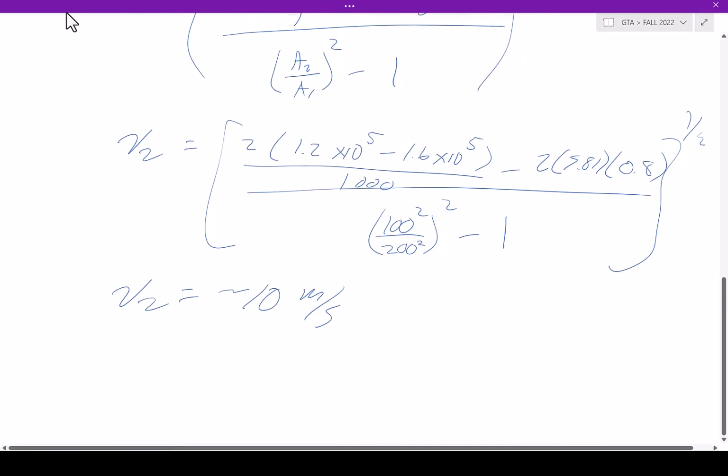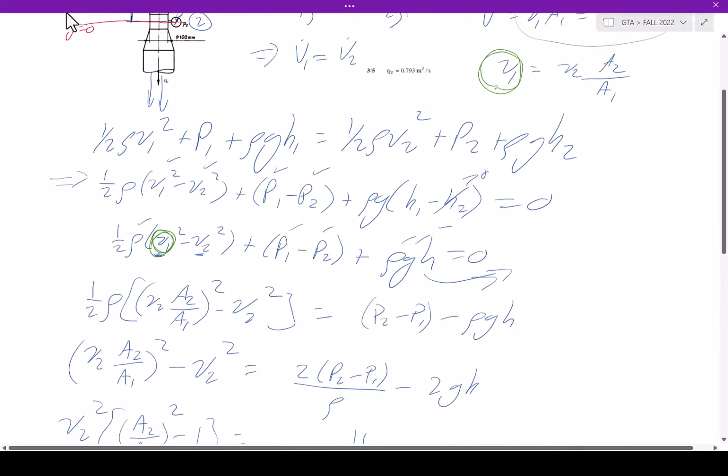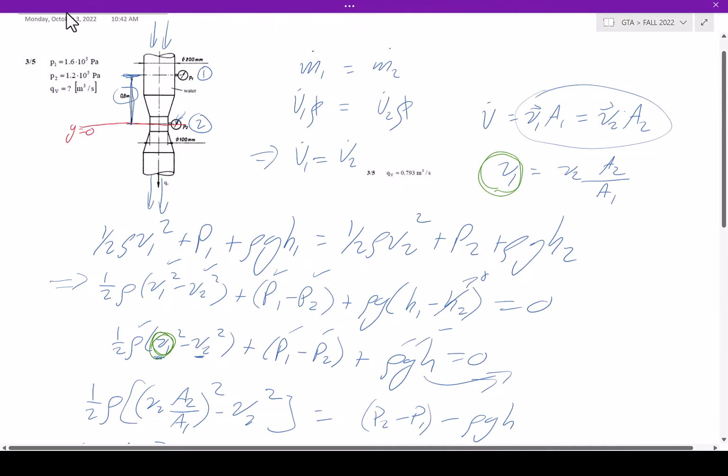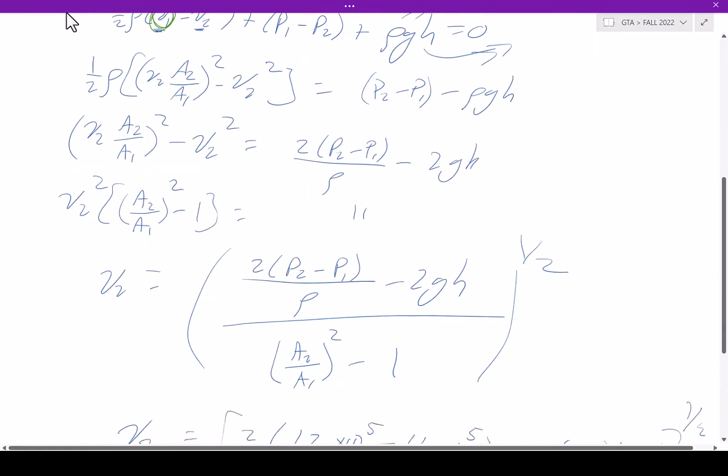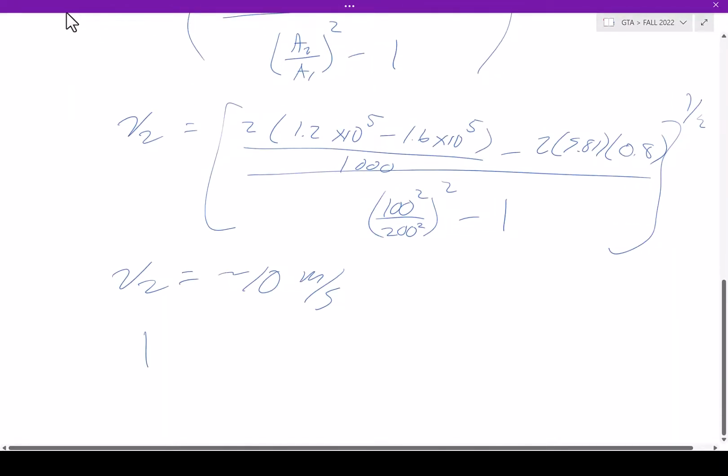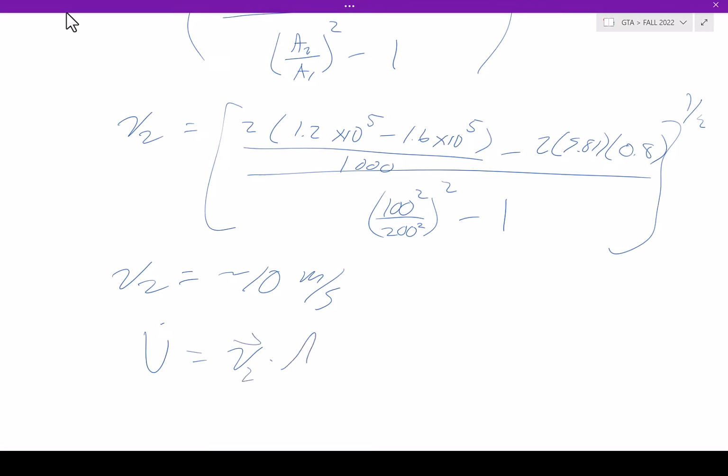The whole point of solving for velocity 2, remember, was so that we can get this volumetric flow rate, QV. So the volumetric flow rate is equal to your velocity times your area 2, which is about 10 meters per second times this.